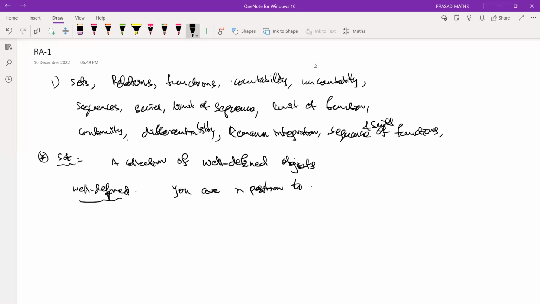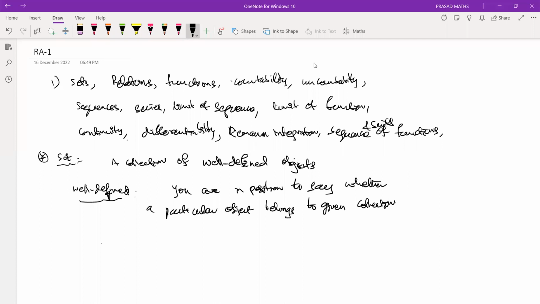If such a collection is possible, we can say that the collection is well defined. Otherwise, it's not well defined, right?